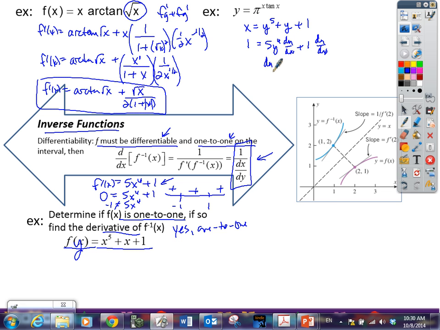I factor out the dy dx and get 5y to the 4th plus 1. So dy dx equals 1 over 5y to the 4th plus 1. That's my derivative. Okay, that's how I would just do it by hand.